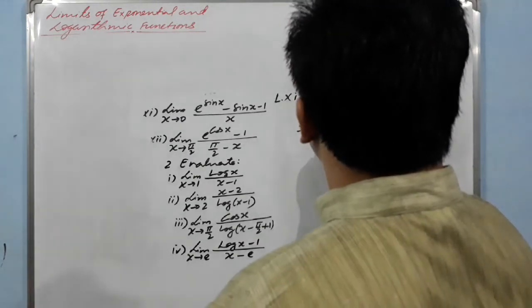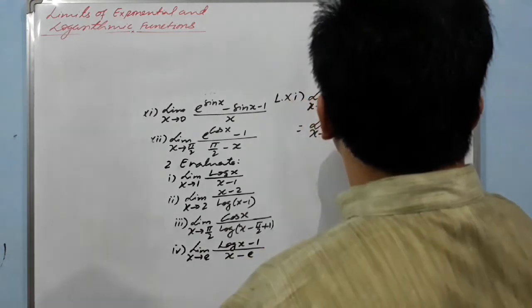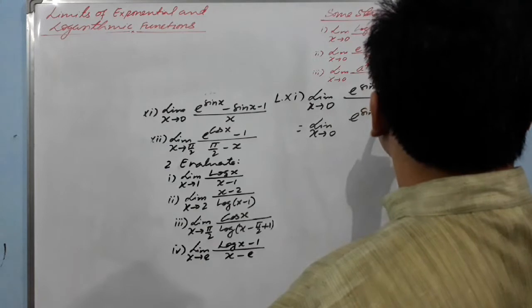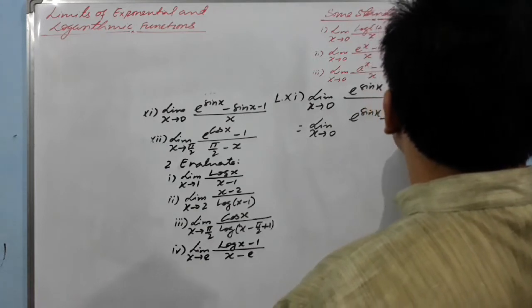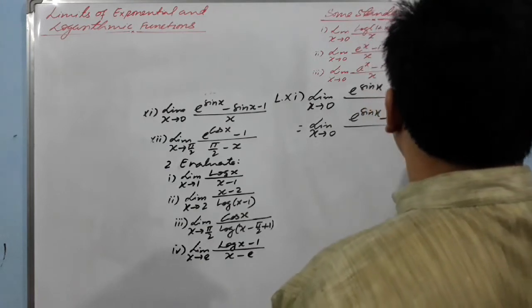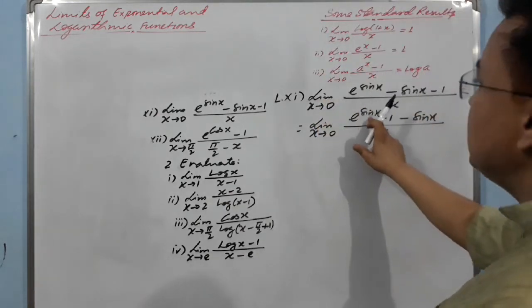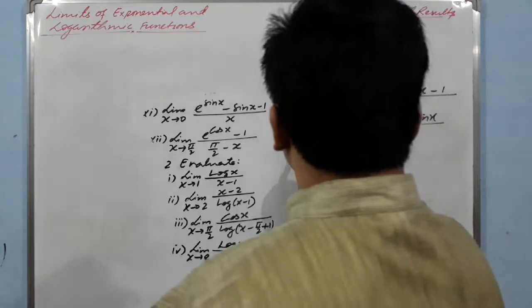So simple, we have to do some arrangement. The limit as x tends to 0 of e raised to power sine x minus 1, and we can write minus sine x over x. Here is sine x, this is the important thing.